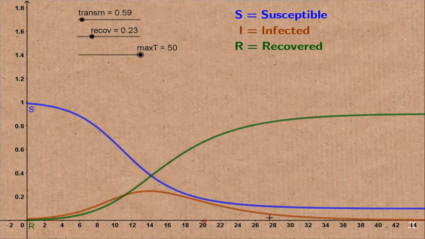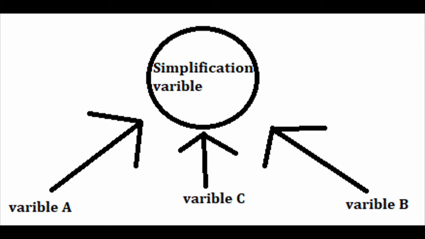The definition of lumped parameter is that multiple variables are combined into one in order to make a more simple variable. This makes modeling easier. Real-world variables in our models that are lumped are transmission and recovery.